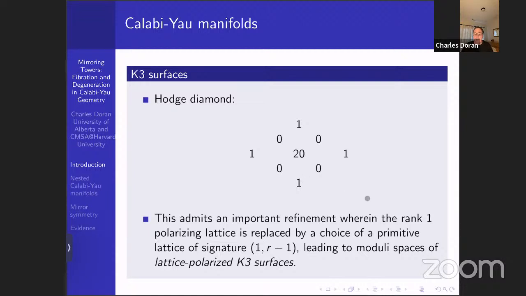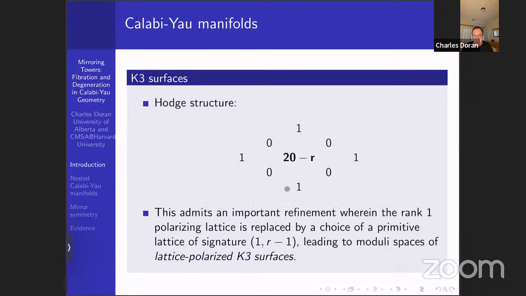So when the rank 1 polarizing lattice generated by a single class is replaced by a choice of a primitive lattice of signature (1, r minus 1), you get moduli spaces of so-called lattice polarized K3 surfaces. And when you do that, the transcendental part of the Hodge structure, that is the part that matters, gets a 20 minus r.